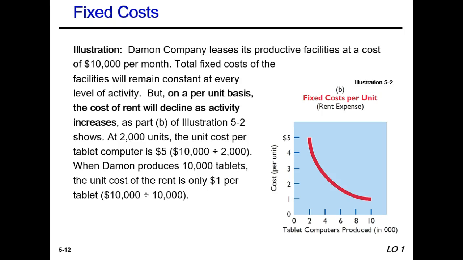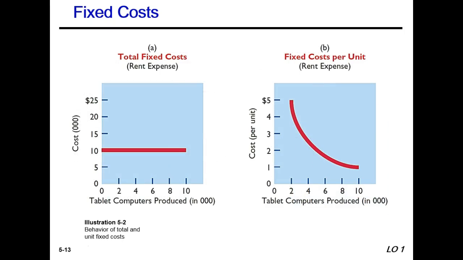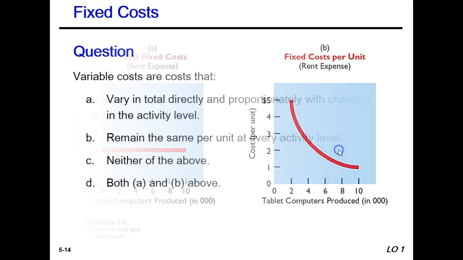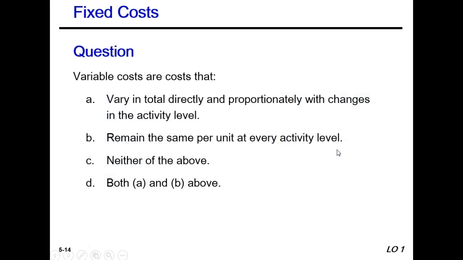When Damon produces 10,000 tablets, the unit cost of the rent is only $1 per tablet. So it's going to cost us less to produce those tablets when we're producing 10,000 for the purpose of the facility. So you see here, the total cost is going to remain constant no matter how many items are produced, but the fixed cost per unit goes down.